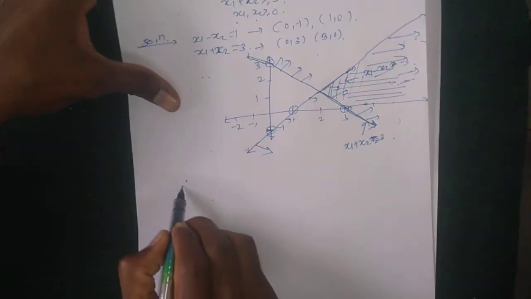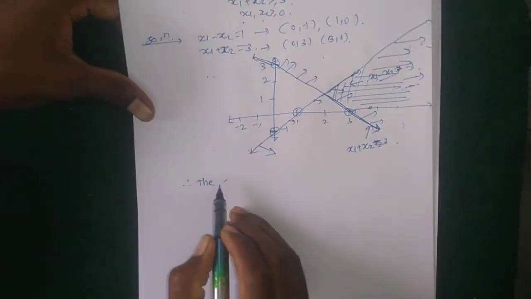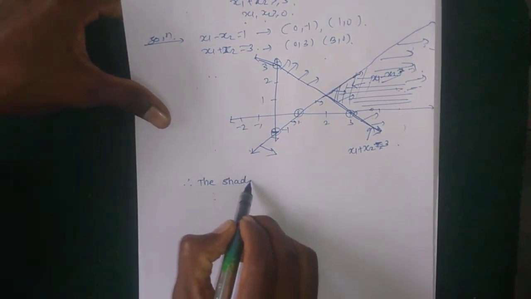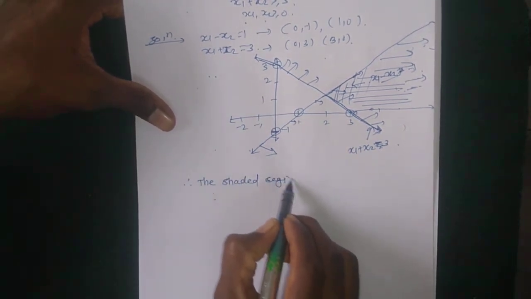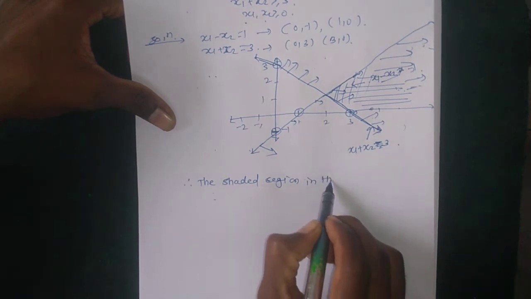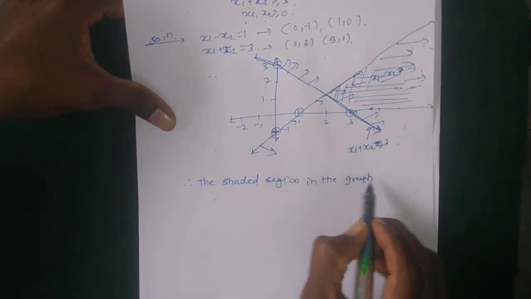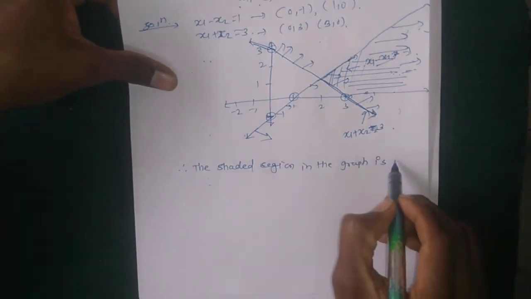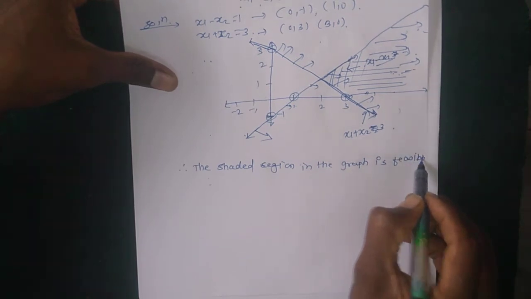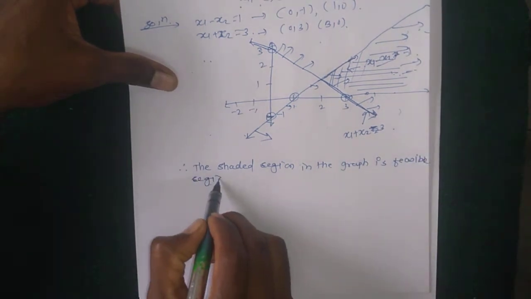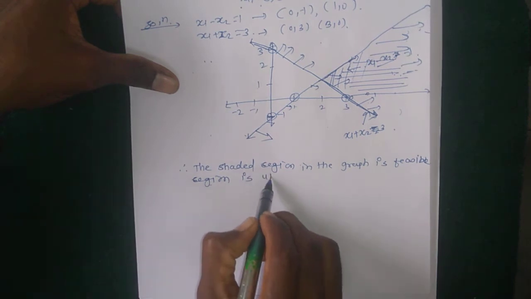Therefore the shaded region in the graph is the feasible region, and this region is unbounded.